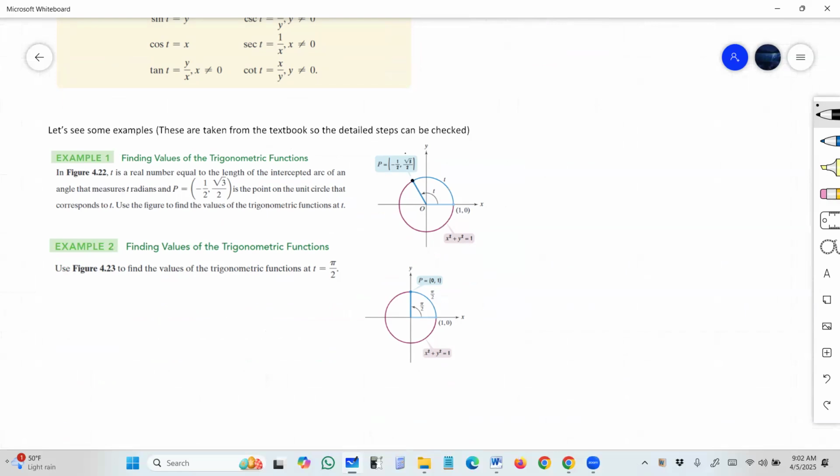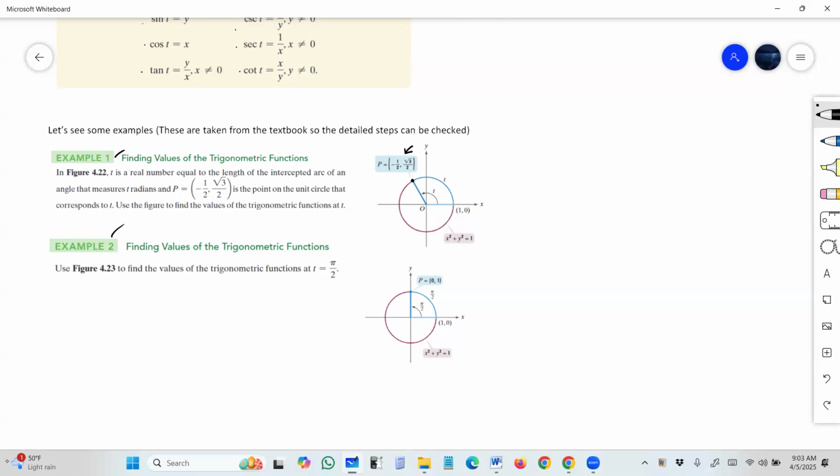And knowing that point, we are going to be asked to find all of the values of these six trigonometric functions, or maybe one or two or three. So here, examples 1 and 2, finding values of trigonometric functions.